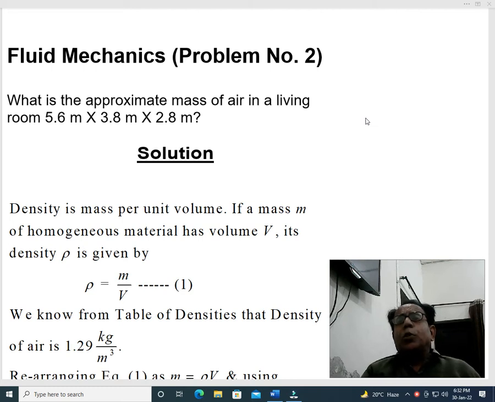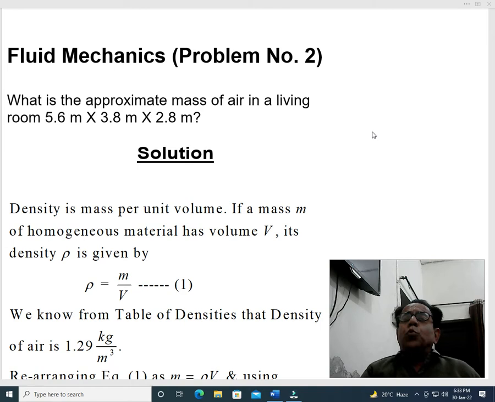What is the approximate mass of air in a living room? 5.6 meter into 3.8 meter into 2.8 meter. So here definitely, dear students, we are going to determine the mass of air.